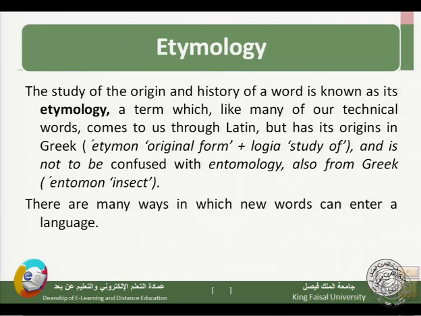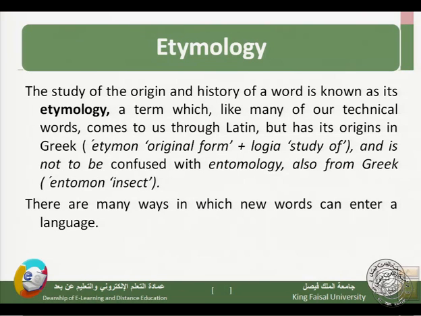Etymon means original form, and logia means study, so the study of the original form. It is not to be confused with entomology, also from Greek, where entomon means insect, so the study of insects.